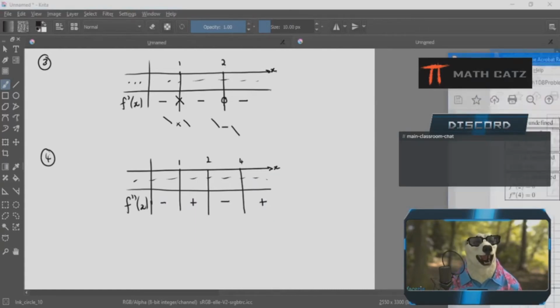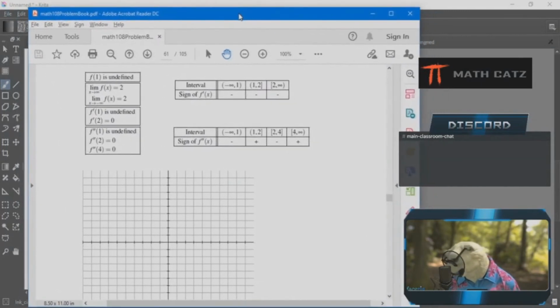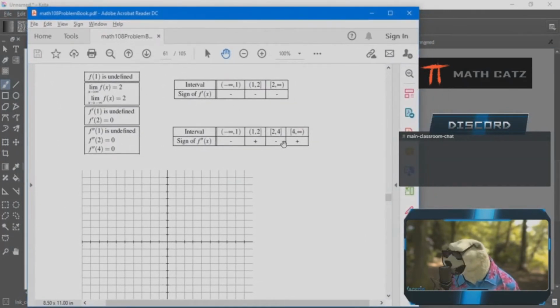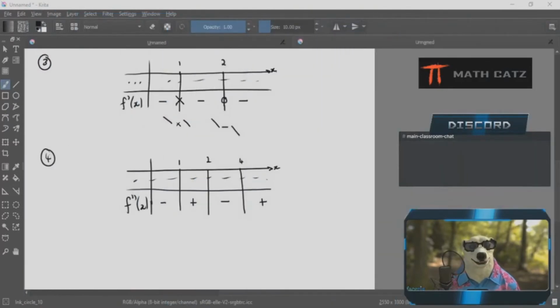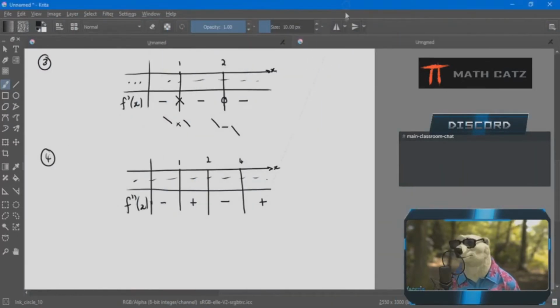Then I also want to know what happens to this second derivative on those x values. They tell me 1 is undefined, 2 and 4 are both 0. All right. So it definitely helps me to make it look more familiar, to put those zeros and crosses and stuff on it, even though it's not in the question.